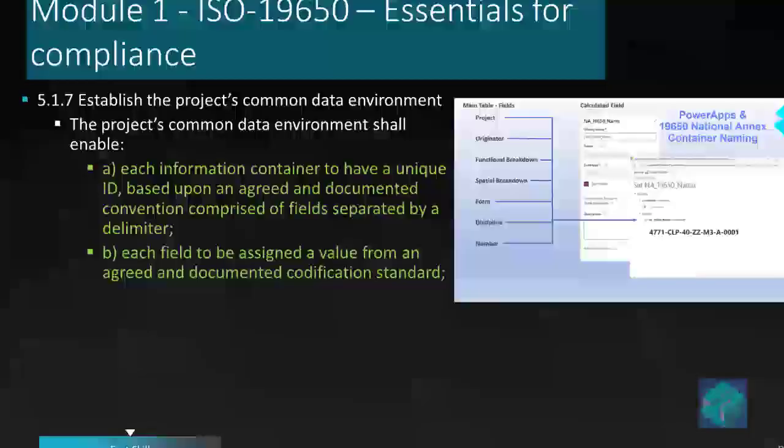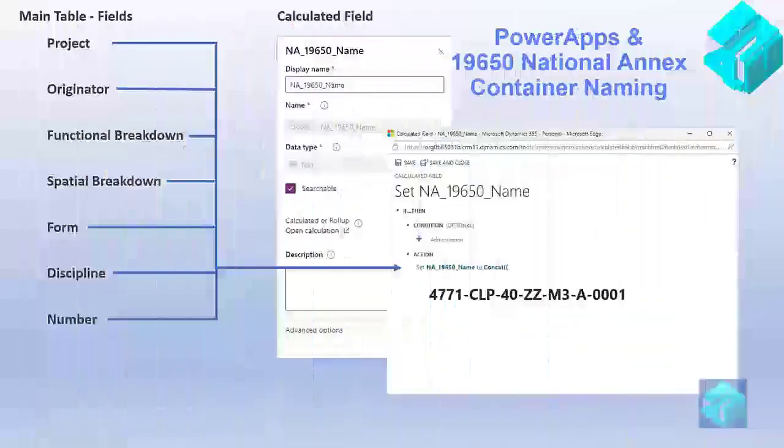Now, as it stands, we know there have been significant changes. So what was known as volume has been changed to functional breakdown. What was known as levels has been changed to spatial breakdown. But ultimately, those are the fields that we're going to have to generate as tables, which together will then comprise the naming that we're trying to achieve, okay?